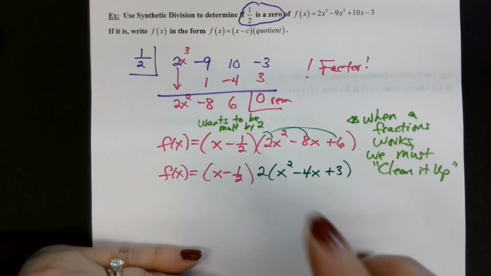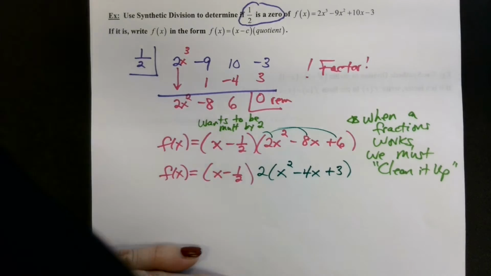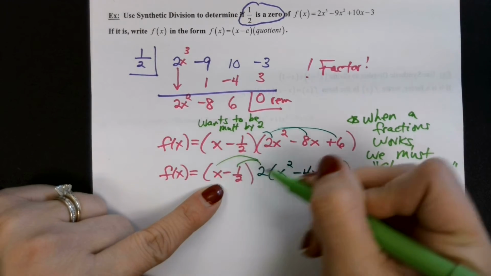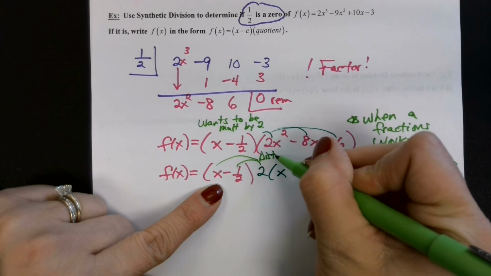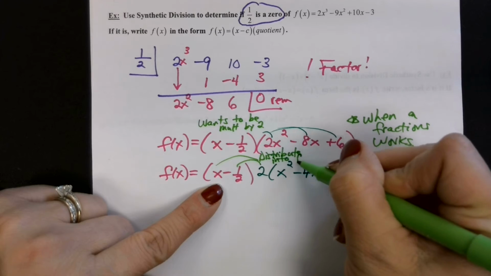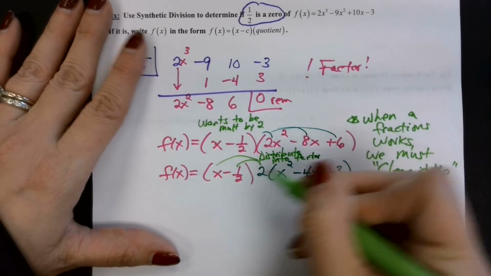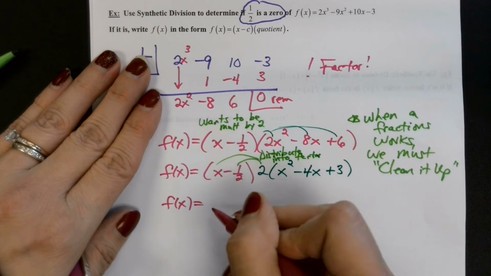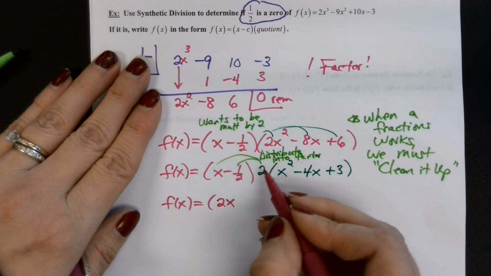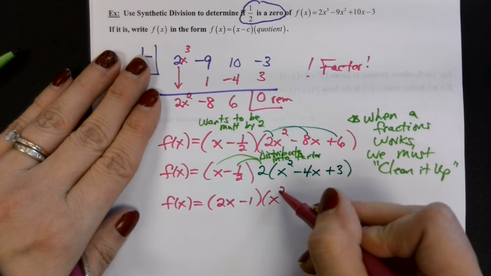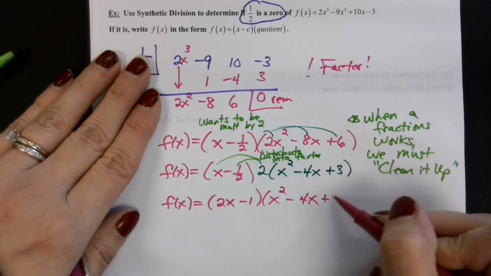Now what are we going to do with that 2? We're going to use it to distribute into the factor. So that's going to give us f of x equals 2x minus 1. And then we have this other quadratic right here.